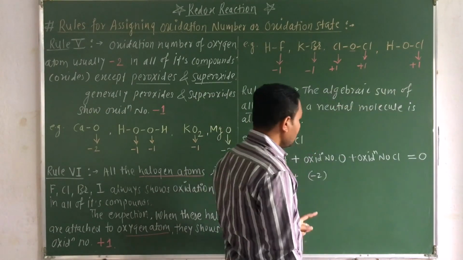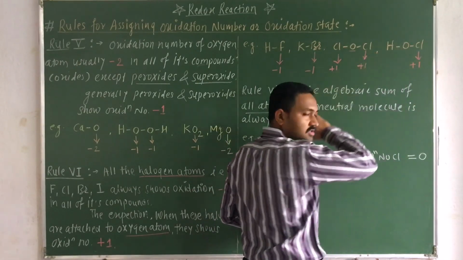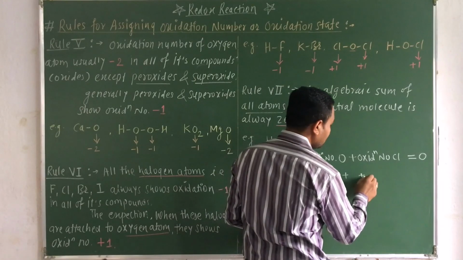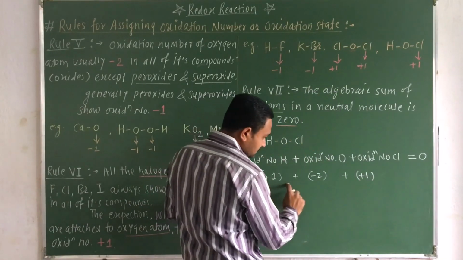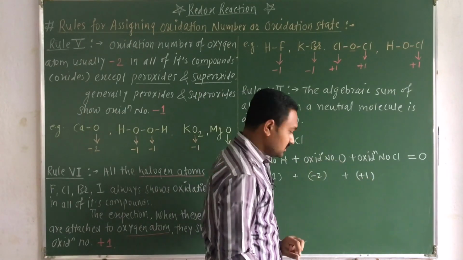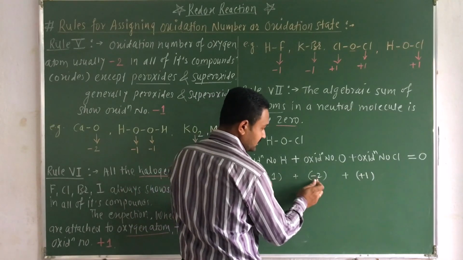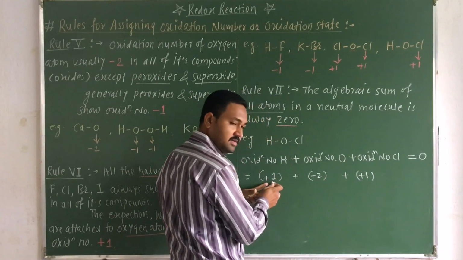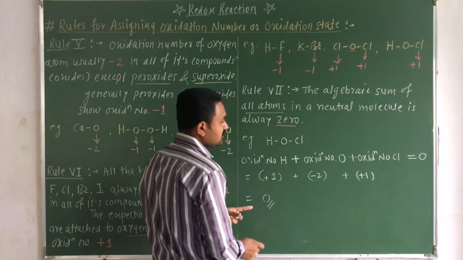Again, the oxidation number of chlorine, when chlorine is attached to the oxygen atom, will be +1. Now if we do the sum of these particular integers, that will be equal to 0. +1 -2 +1: +1 plus +1 will be +2, and this is -2, that is equal to 0. So that is our rule.